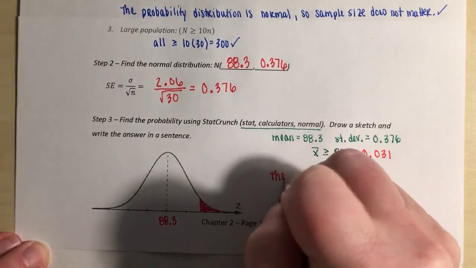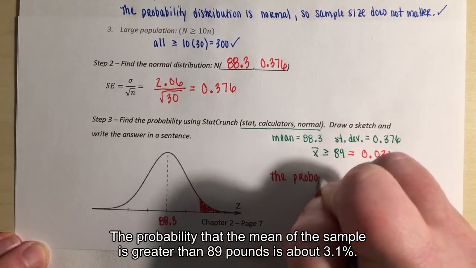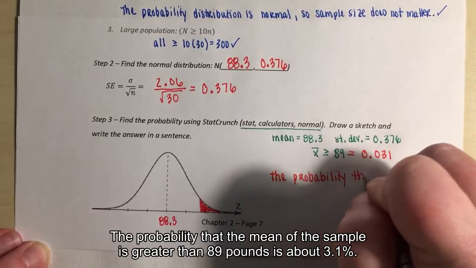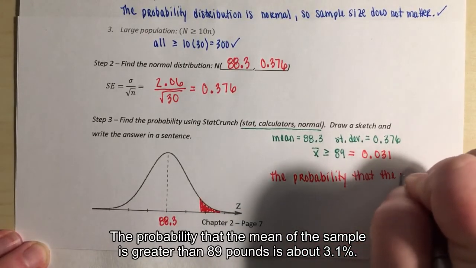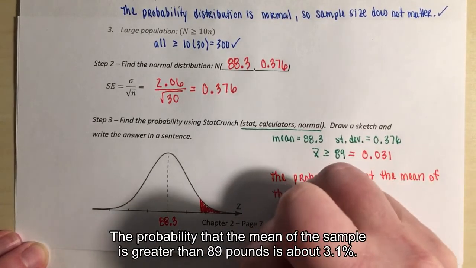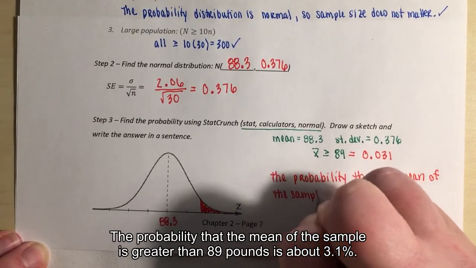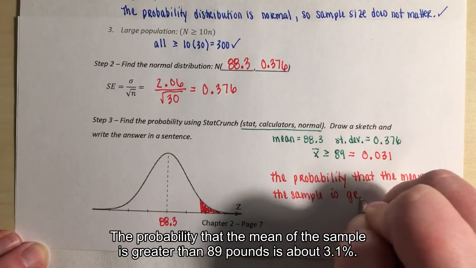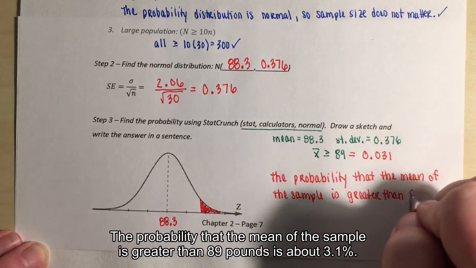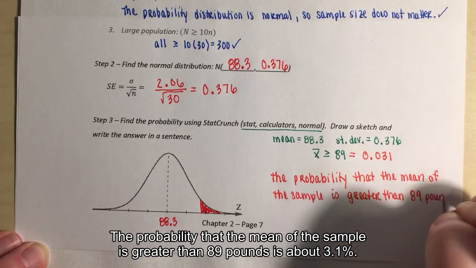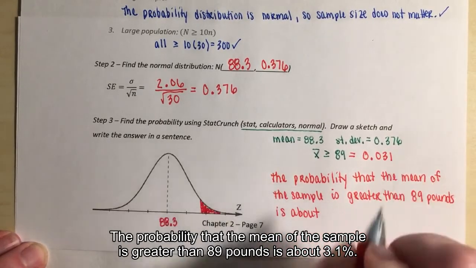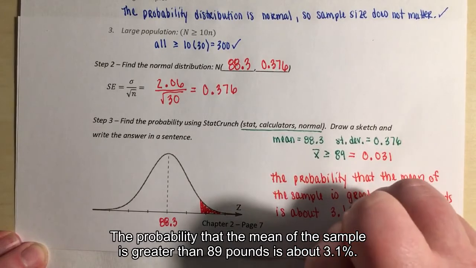So the probability that the mean of the sample is greater than 89 pounds is about 3.1%.